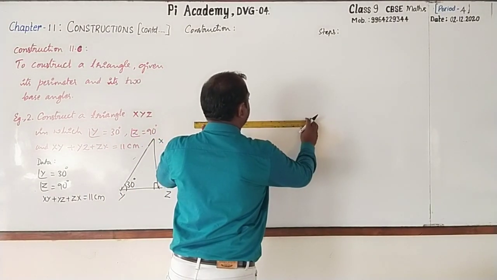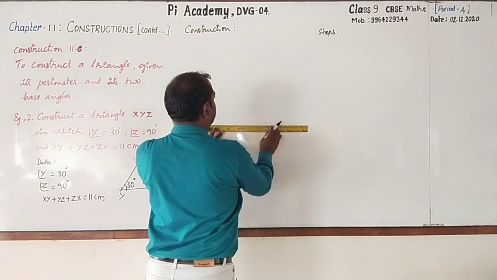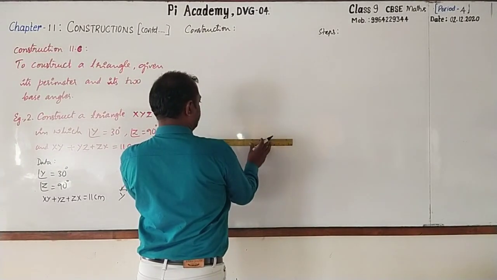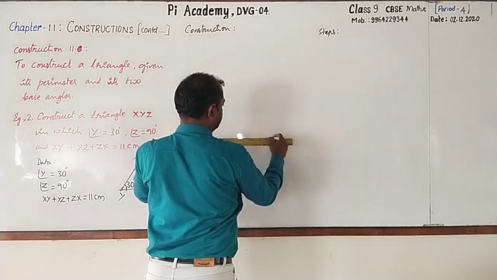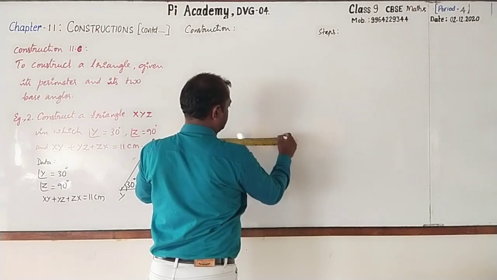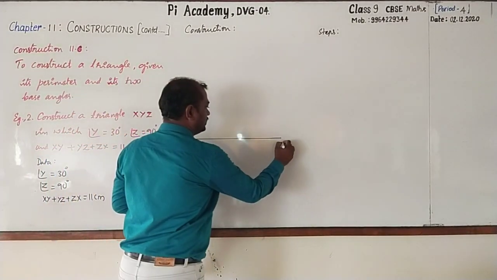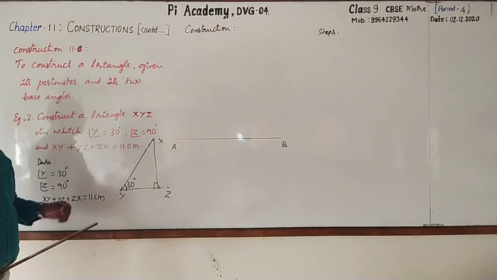Take scale and pencil, draw the line segment of length 11 centimeter. But this time you should name this as AB because they have given the triangle XYZ.